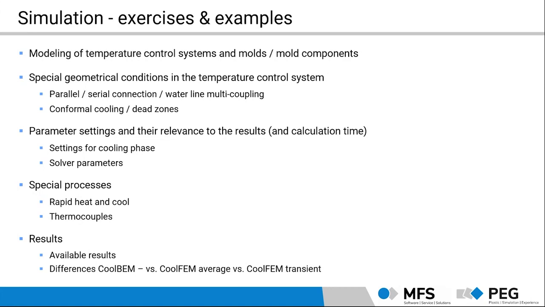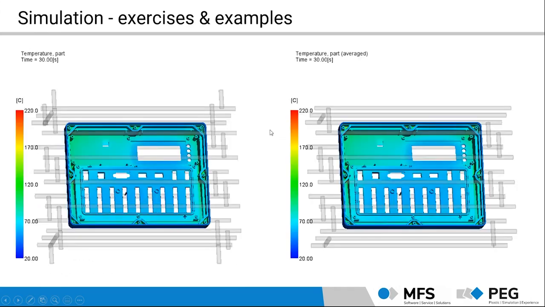And lastly, we will see what results are available depending on the different simulation model we used, like the differences between Cool BEM, Cool FEM, and even within Cool FEM, the differences between the average and the transient simulation. So we will then discuss the quality of the different simulations and what can be shown.